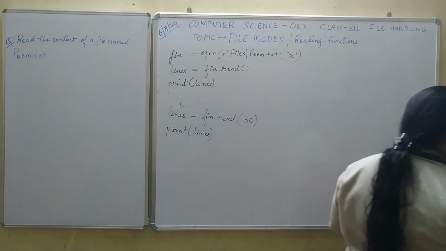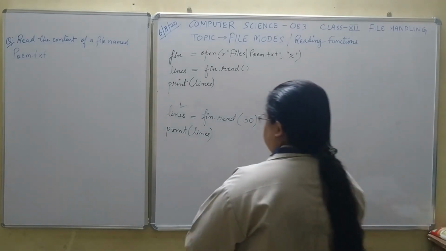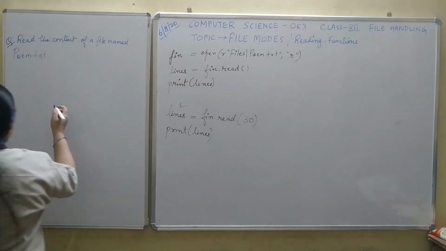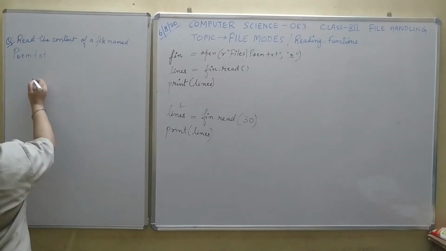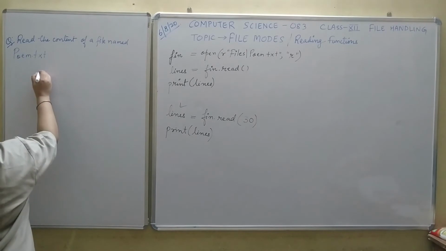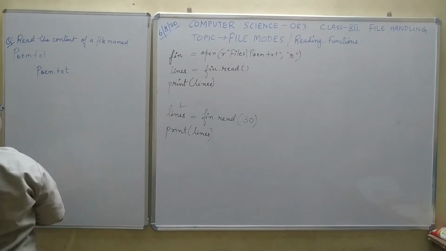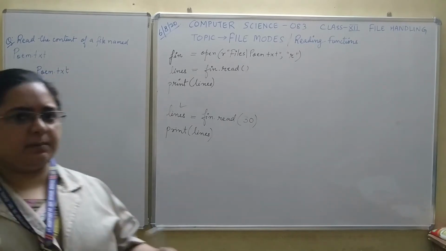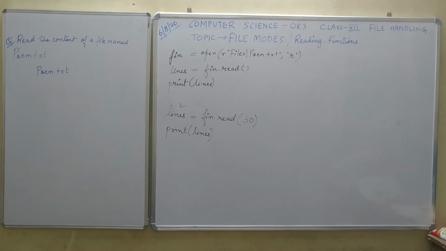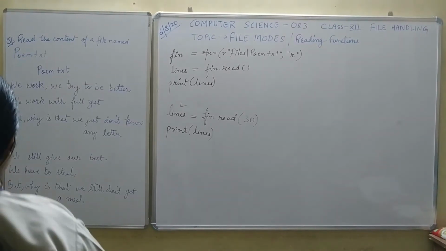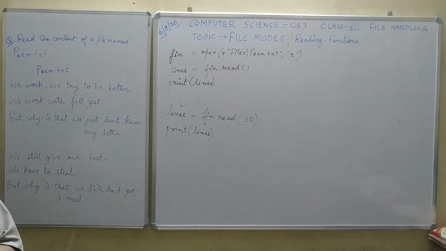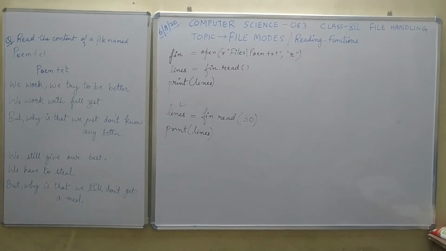Now students, certain points about your files. Suppose I have some lines. I am going to write a small poem over here, the content of poem.txt. I'll be back once I write the content. I have written some statements over here, as you can see.